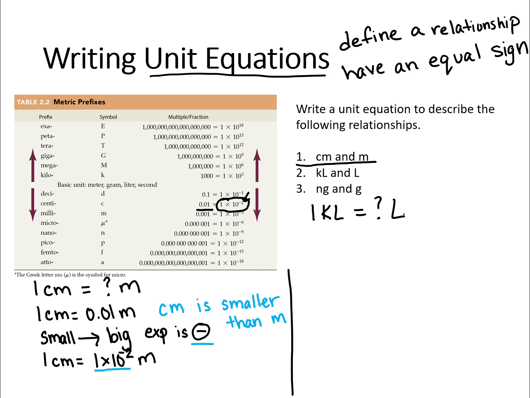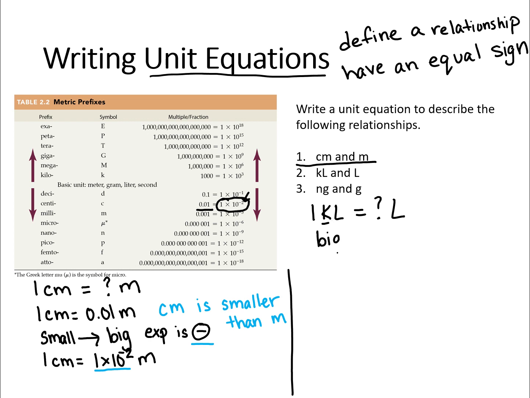Now, if you have the table and you know your prefixes, you may just know it right off the top of your head. But you may not know. So I assign big versus small to help me figure out what I'm doing and what my number should be. I know that kilo is big. It's going to make my number big.